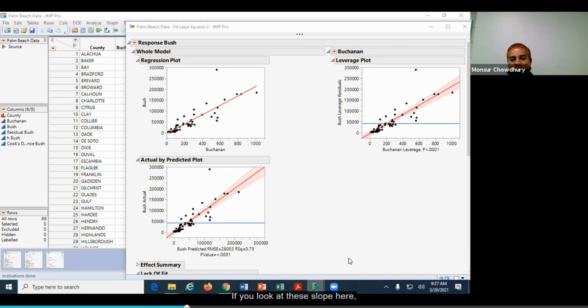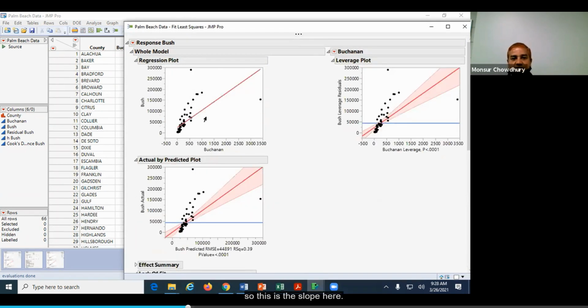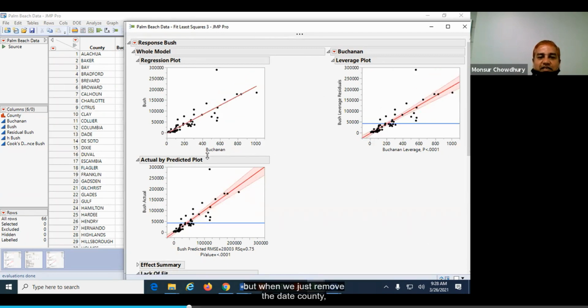If you look at this slope here, the points look like a non-linear pattern, but when we just remove the Palm Beach County, we can see that there is a linear pattern, because this point influences the line a lot.